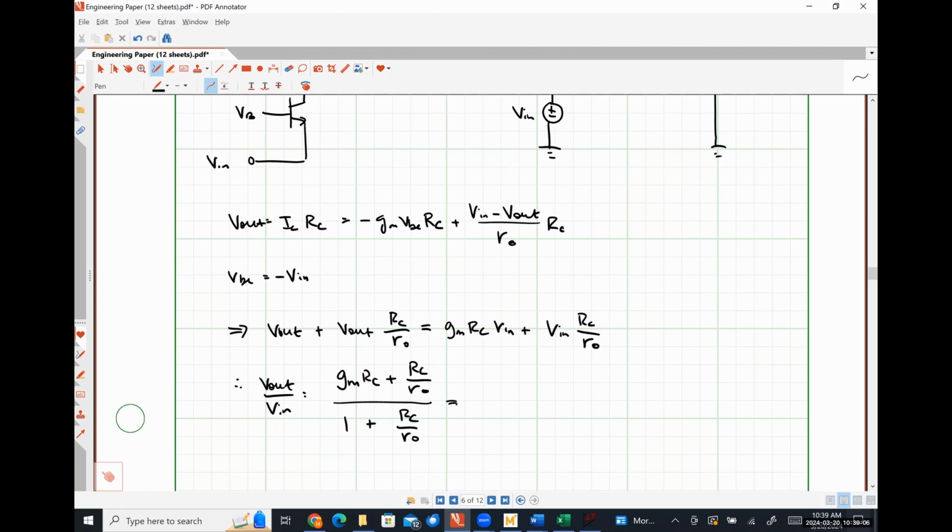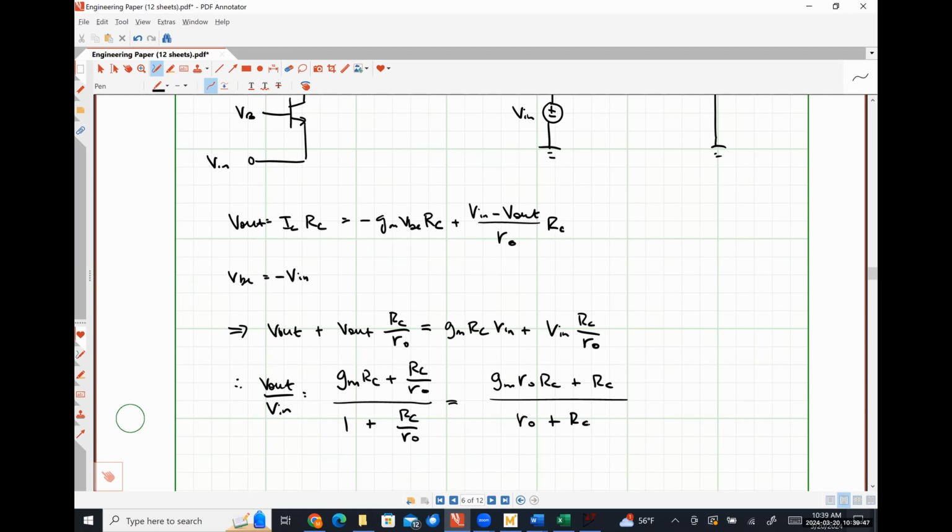And we could multiply through by R naught really quickly to give us GM R naught RC plus RC over R naught plus RC. There's our voltage gain. Again, we've done this a couple of different ways. This might look slightly different than how we've represented it previously, but it would give us the exact same numerical value if we plug things in, okay?